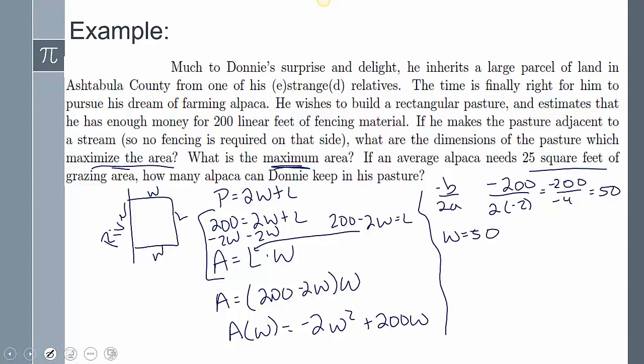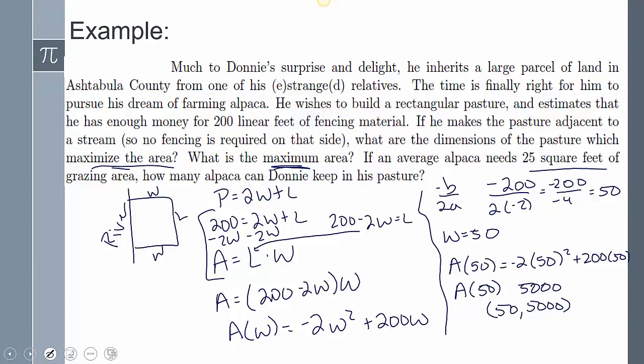Now to find what my area is going to be when my width is 50, I have to plug it back in, and so that's going to be negative 2 times 50 squared plus 200 times 50. Entering that into my calculator, that's going to give me 5,000. So that is going to be my maximum.